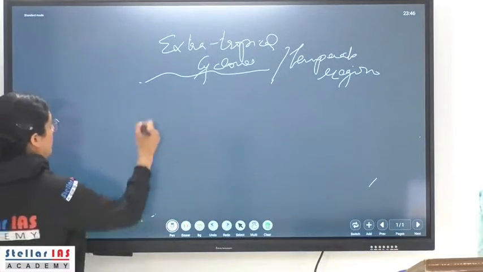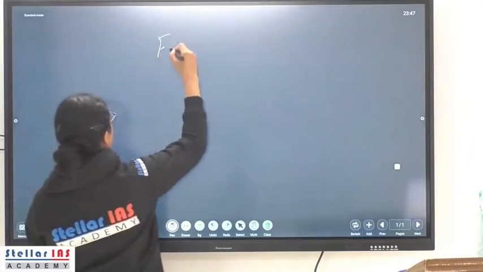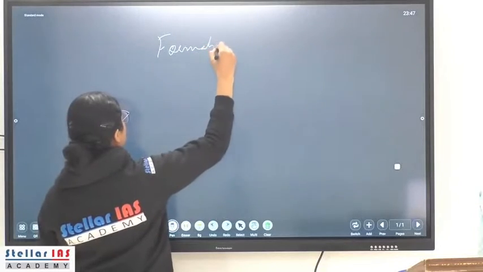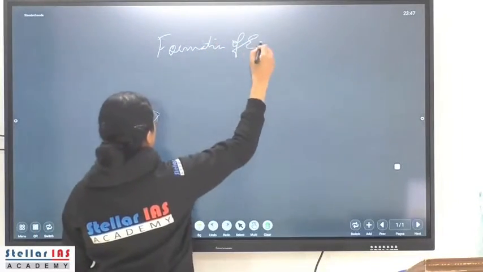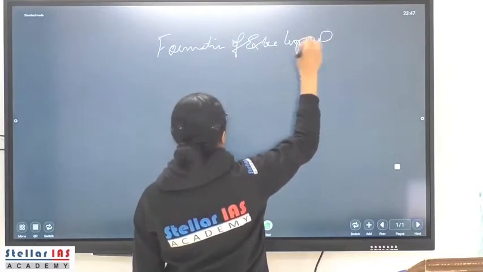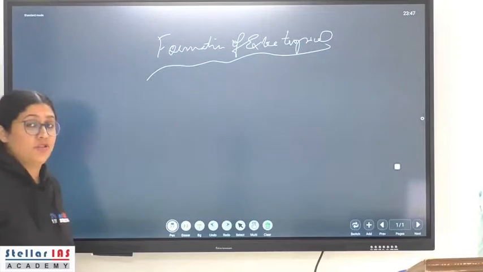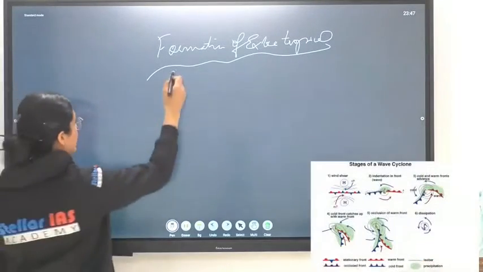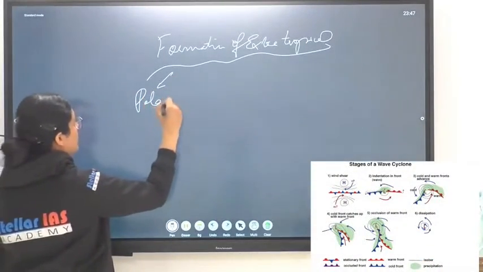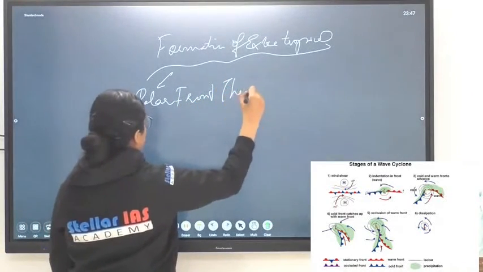Now next we come to the formation of extratropical cyclones, right. So the formation of extratropical cyclones is explained by something that we call the polar front theory.